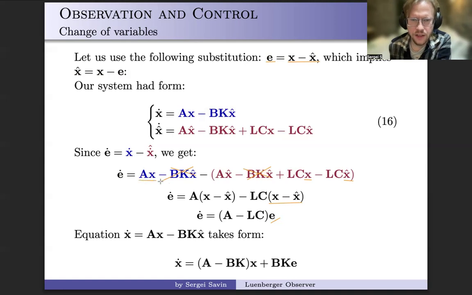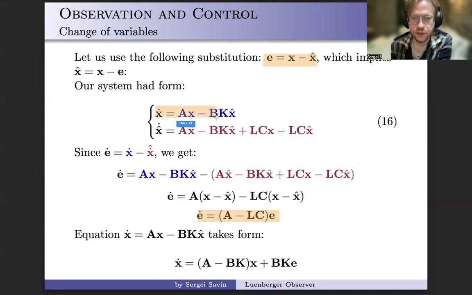And we have here A x minus A x hat. x minus x hat is also e. So we get e dot equals A(x minus x hat) minus LC(x minus x hat), which is (A minus LC) e, right? So we were able to write another type of dynamics, and the result is A minus LC times e.